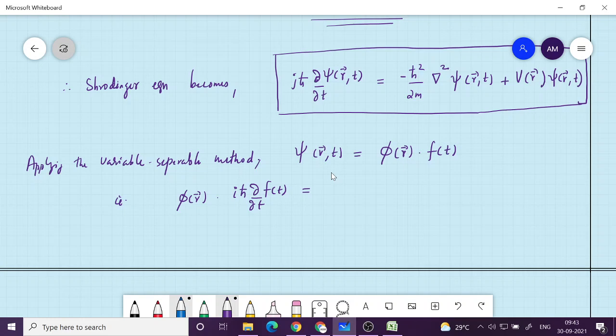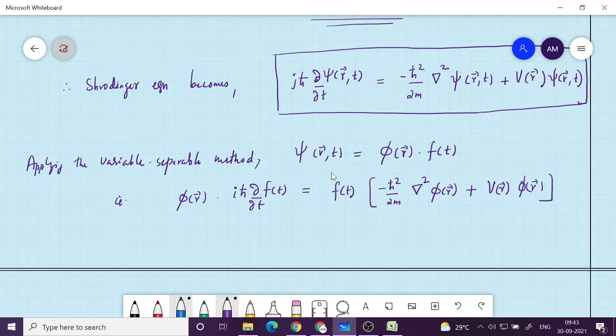So you can pull it out, and write it as f of t into minus h cut square by 2m del square plus V of r, acting on phi of r. So I have pulled out f of t.